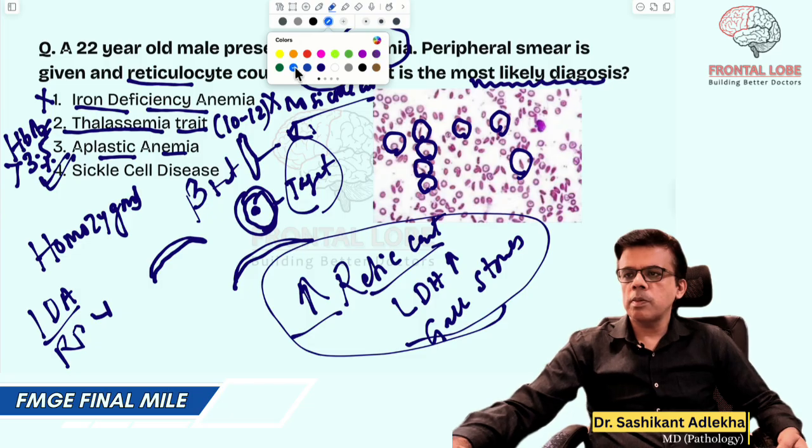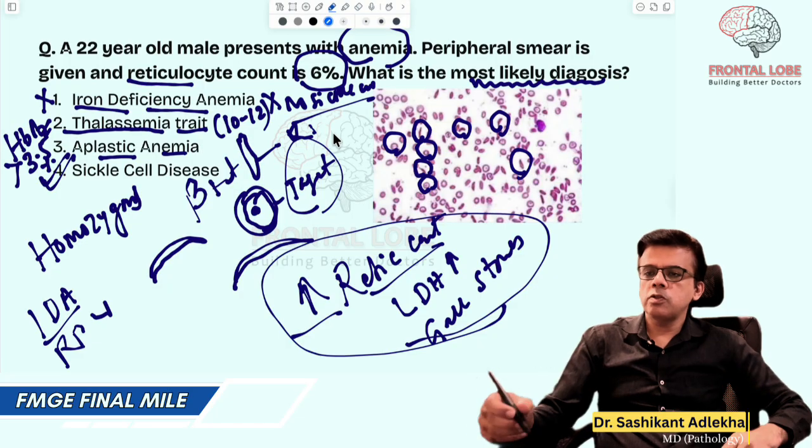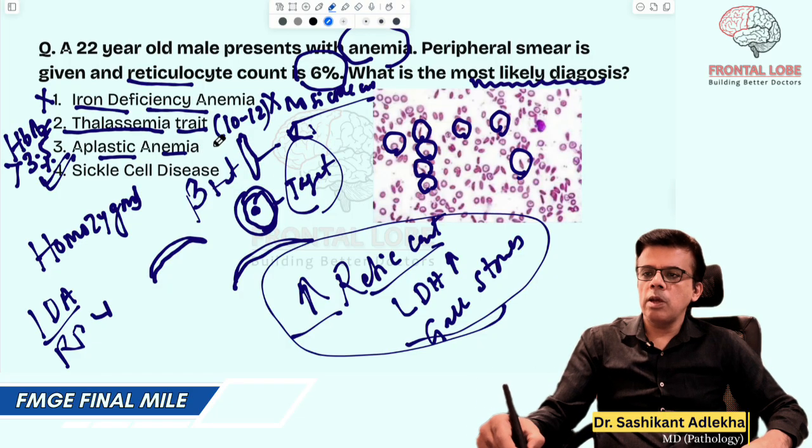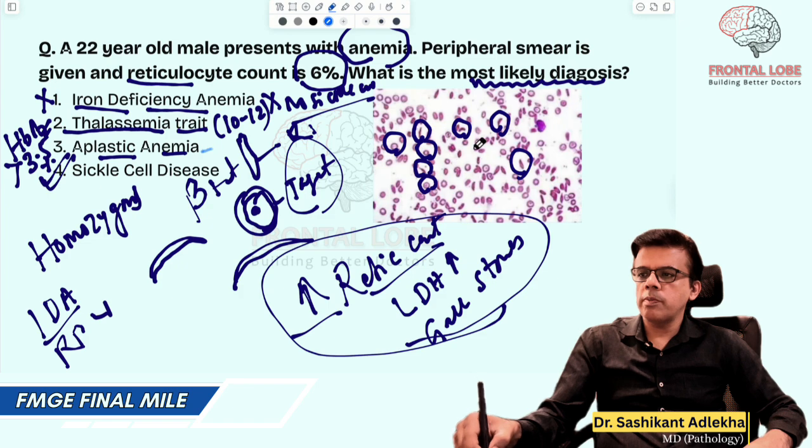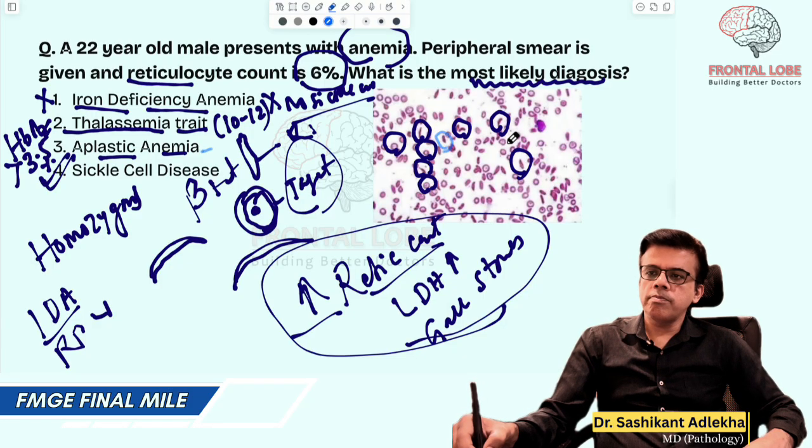There is no sickle cell associated with aplastic anemia. So aplastic anemia is also ruled out, because it will not have sickle cells; all series will be decreased, and there will not be any sickle cell.